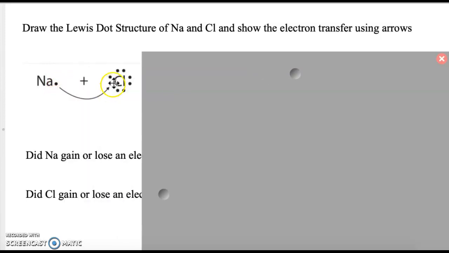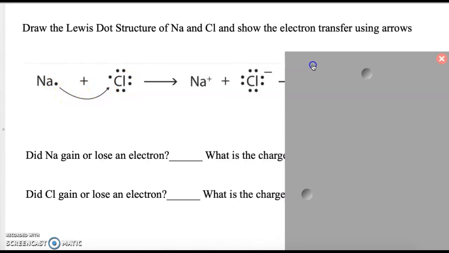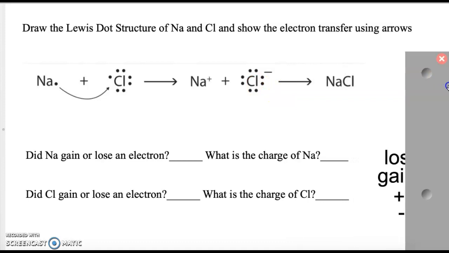So it kind of looks like this. So 1 is empty. So what happens is sodium is going to give its electron to chlorine, and then because sodium gave the electron, it's going to be positive, and chlorine, because it gained an electron, it'll be negative. And so that's what it looks like.